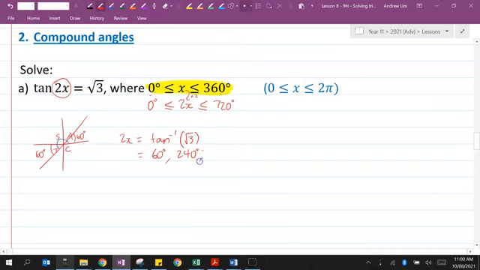But we can actually keep going because our new domain is all the way up to 720. So if I were to keep going, 360 plus another 60 to get back to this line, that's 420 degrees. Or 360 plus another 180 plus this 60 to get to this line.